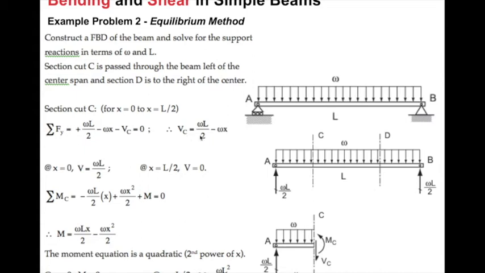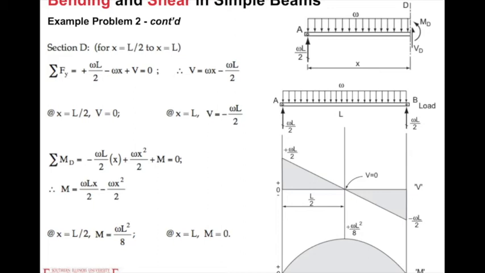VC is a linear equation related to x, and M is second order, the second power polynomial equation of x. That's what we call a parabolic shape related to x. The moment equation is quadratic, the second power of x.